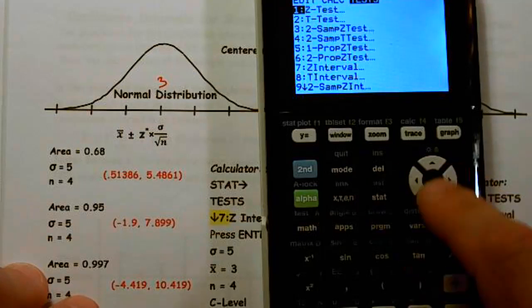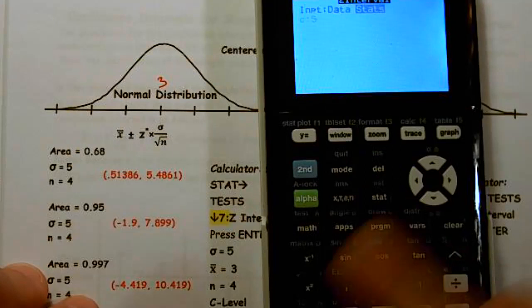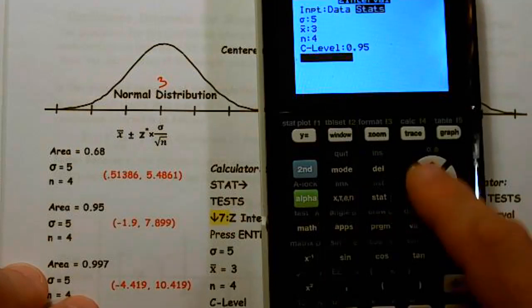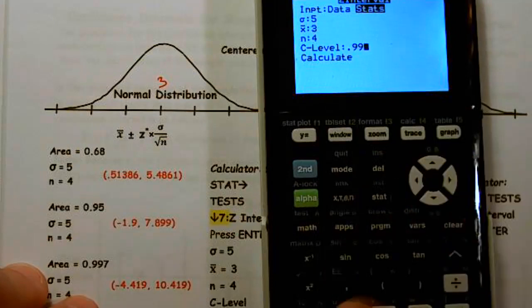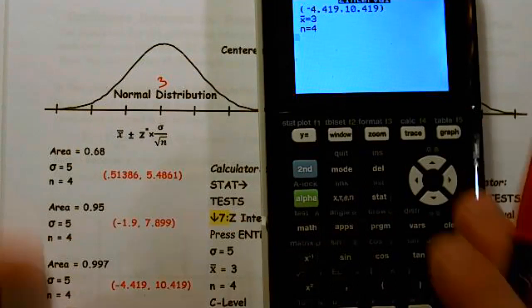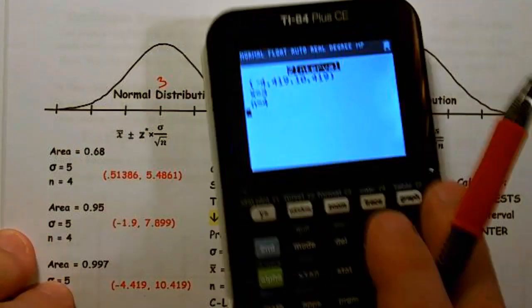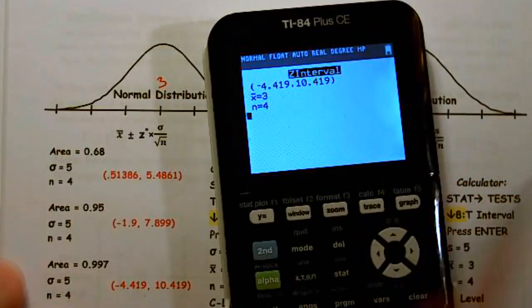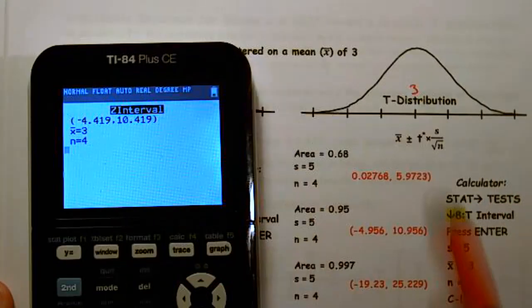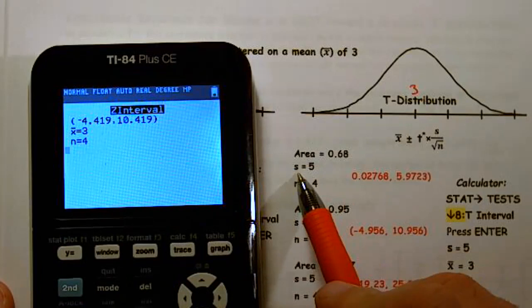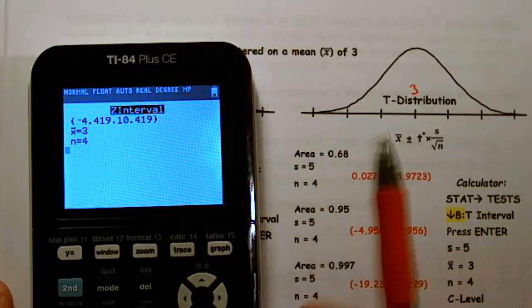So stats test number 7, confidence level of 0.997. And there it is running with the 99.7 for the z, and we're using a z because we have the standard deviation of the population. Over here we have standard deviation of the sample, so we have to swap over.